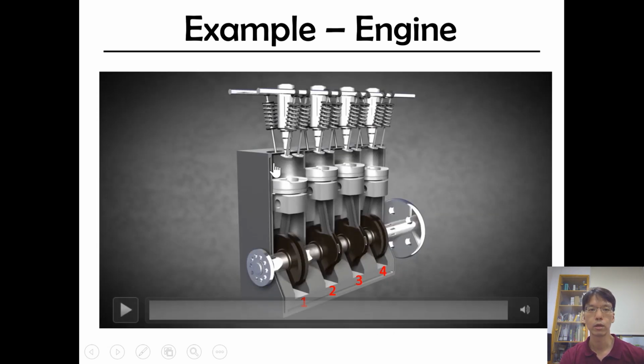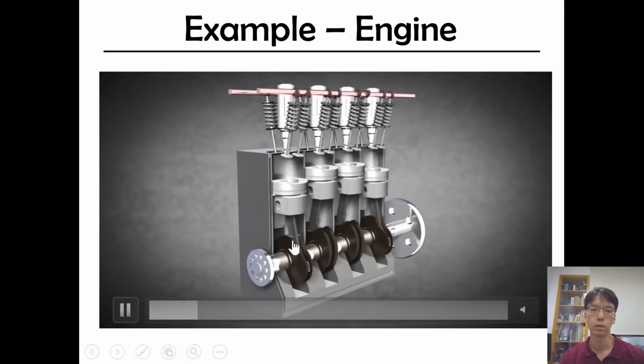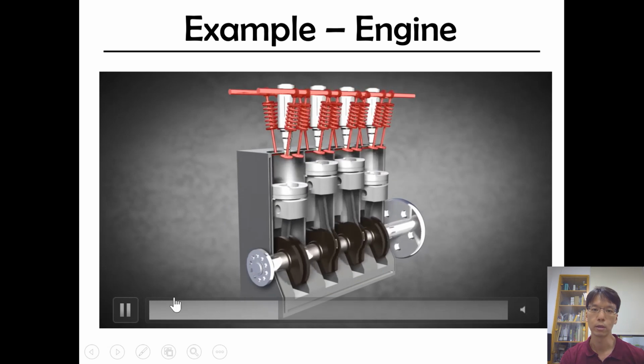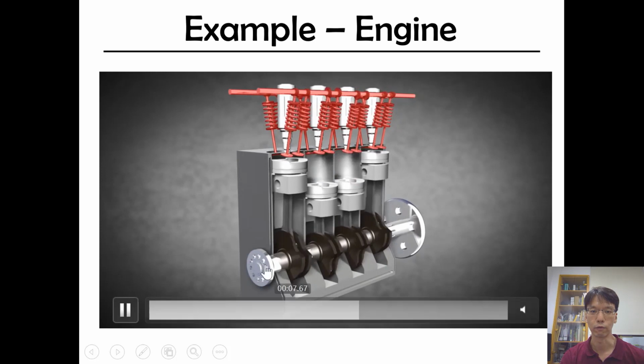So let's take a look at another example. Here is a 4-cylinder engine. Let's see how it's going to work. So when this engine is running, you can see there's a piston. We just take a look at the first one.